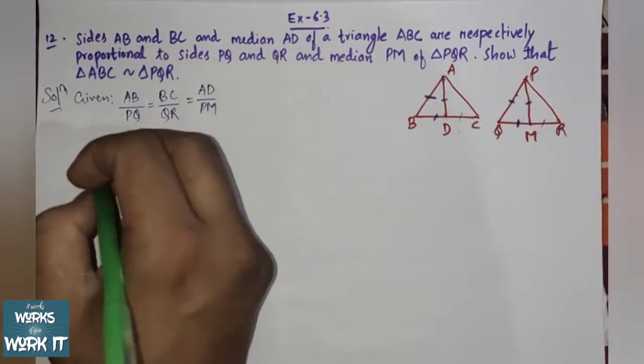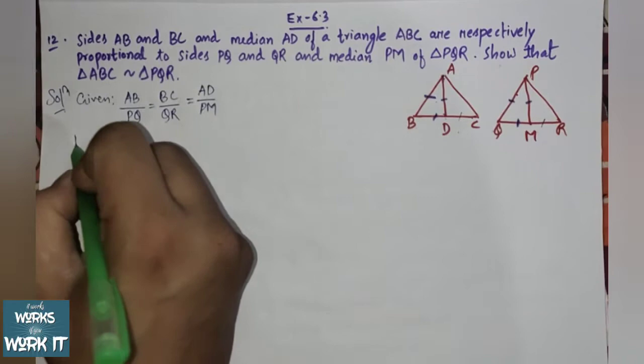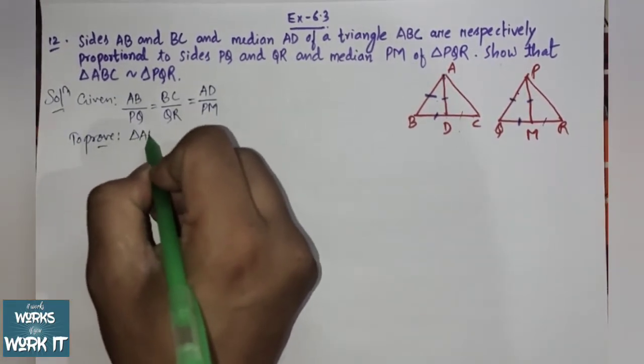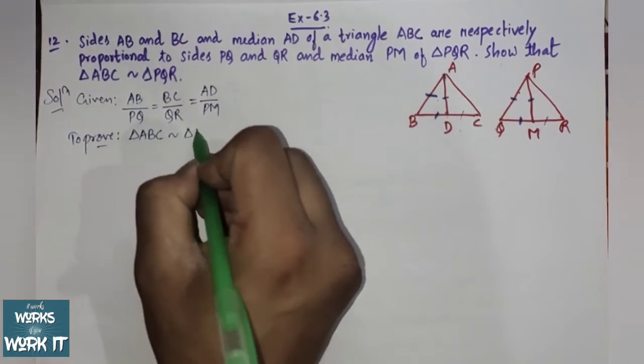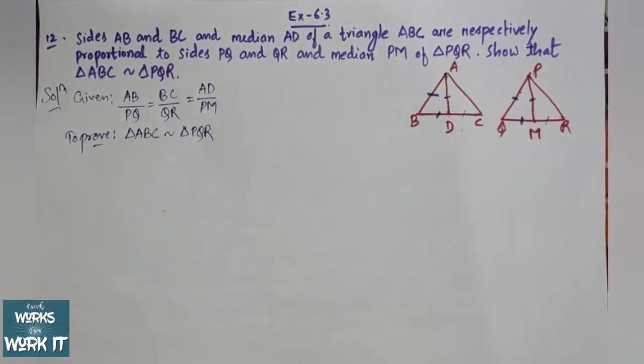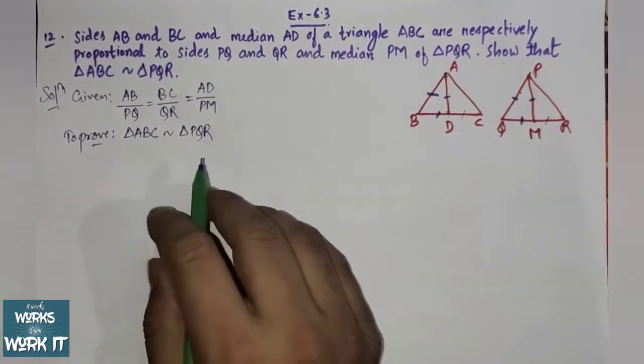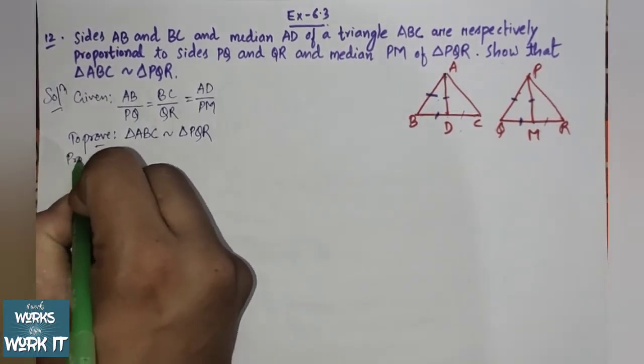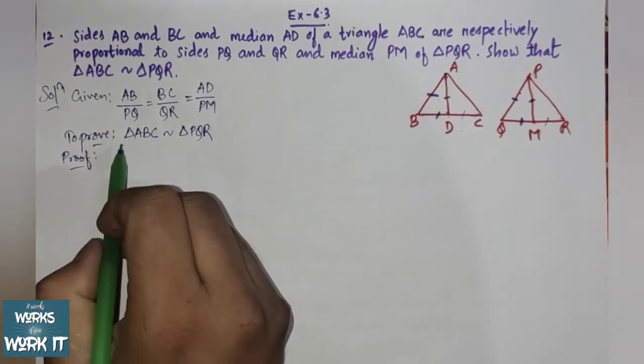Now, what we need to prove: triangle ABC is similar to triangle PQR. So we will start the proof. We will take the median first.